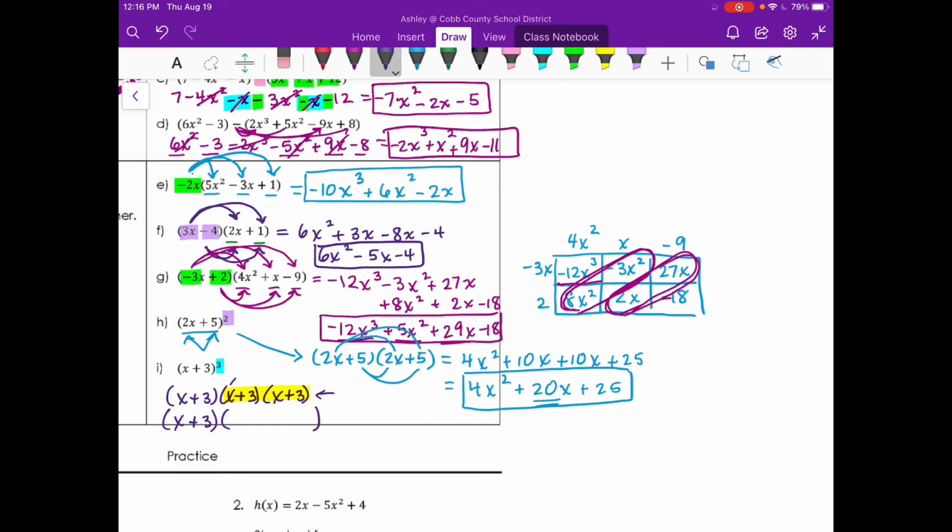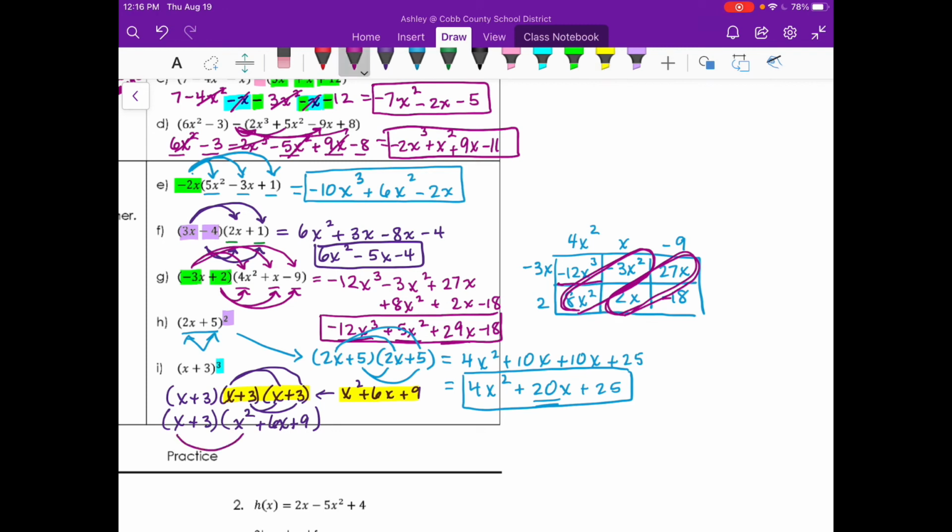All right, so when I multiply these 2 together, I get x squared, 3x and another 3x is going to give me 6x, and then 9. So that's what I get here, x squared plus 6x plus 9. Then I'm going to take, so that came from there. Then I'm going to take my binomial times the trinomial.